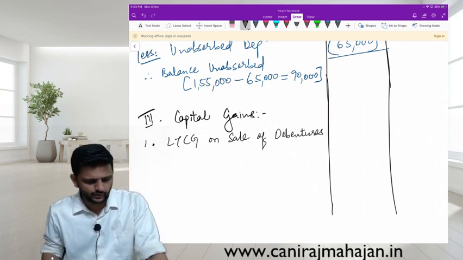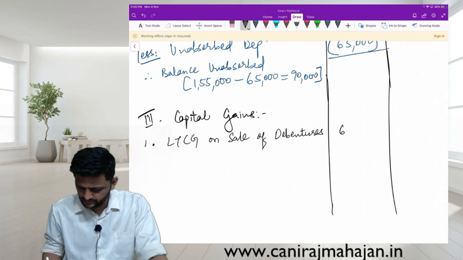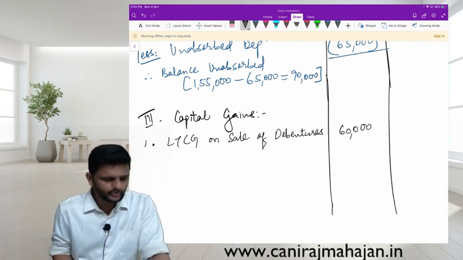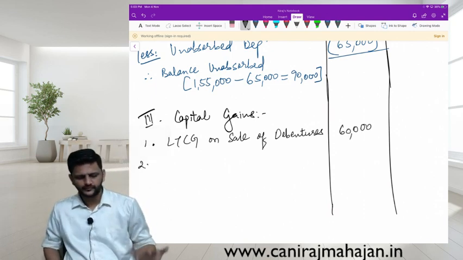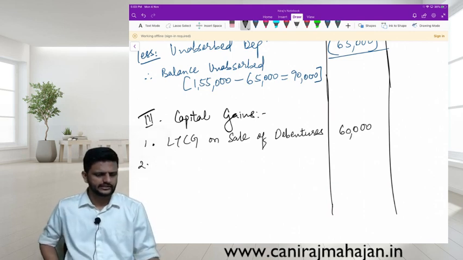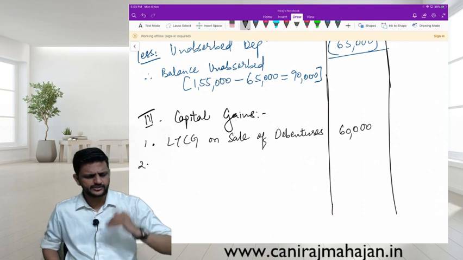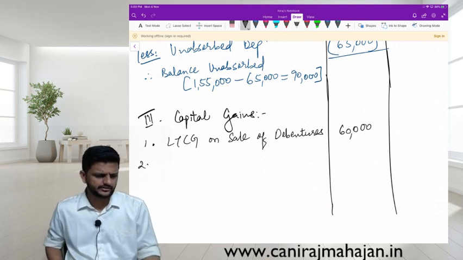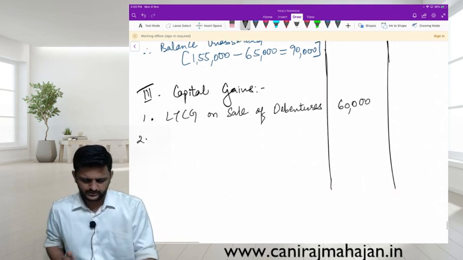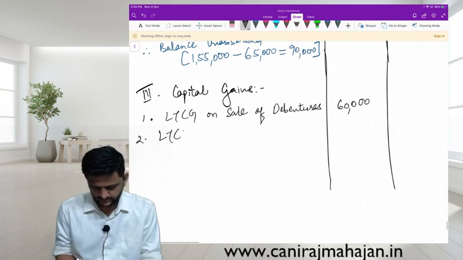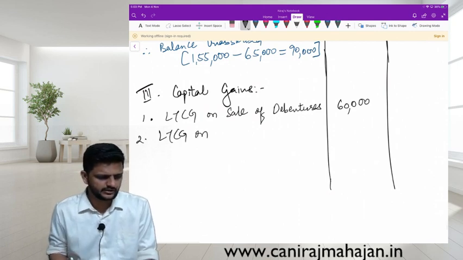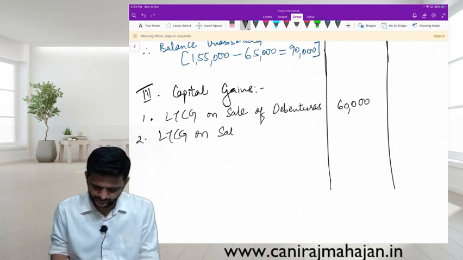First incomes, okay, how much? 60,000. No. First take all the income, then we'll reduce the LTCL. No? Then again you have to see unabsorbed depreciation. So take all the gains first and then the loss. Gains for now which case? Plot. On sale of plot.